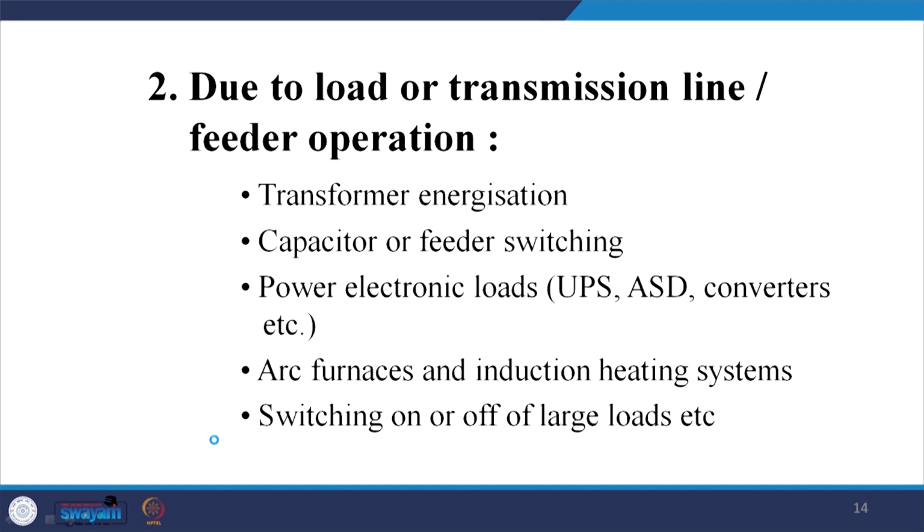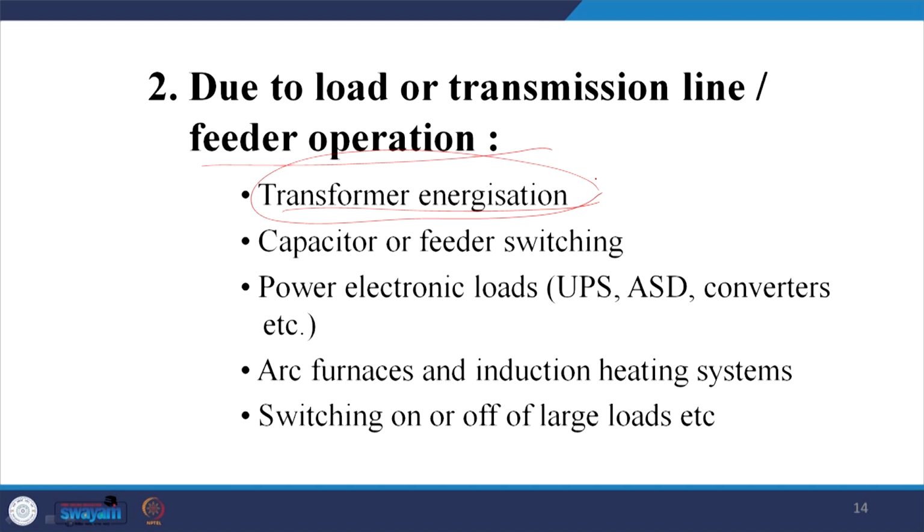Thereafter, it may be due to load or transmission line feeder operation, such as transformer energization. Once you energize the transformer, it will have a high inrush current and the voltage will sag, and this is the problem of transformer energization.